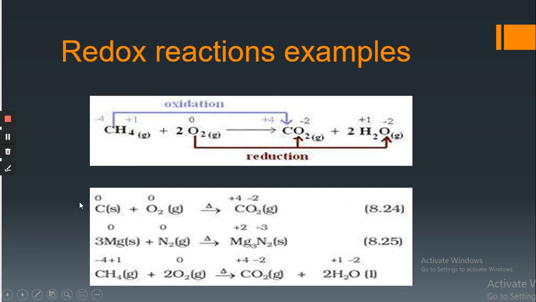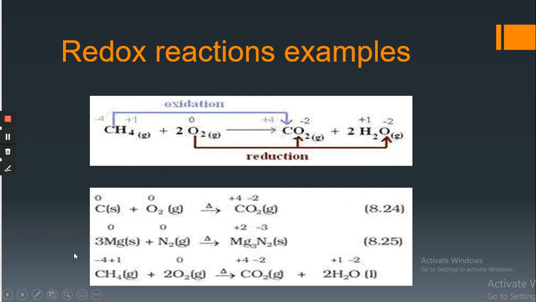Some more examples of redox reaction, like when methane reacts with oxygen, carbon dioxide and water will form. In this case, methane loses its hydrogen, that's why it is oxidation, and in the case of oxygen, hydrogen will be added, that's why it is a reduction reaction.